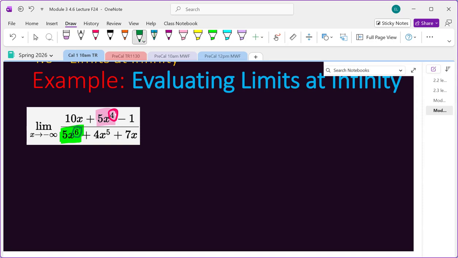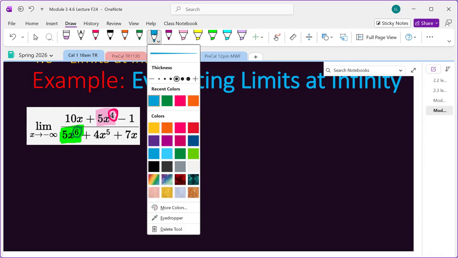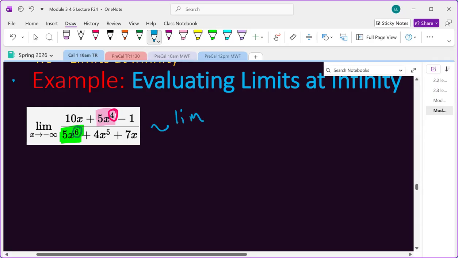So one of the cheap shortcut tricks is we can say this weird annoying fraction is similar to, especially for the purposes of limits at infinity, 5x to the fourth over 5x to the sixth.